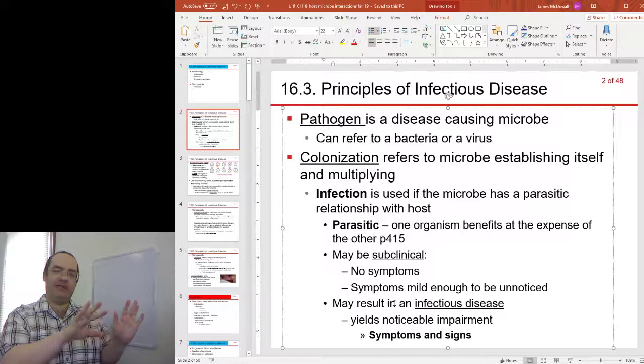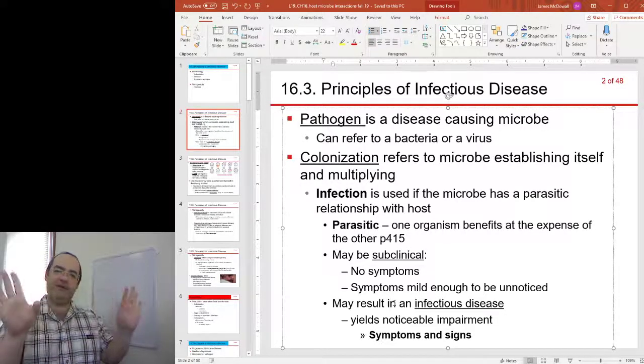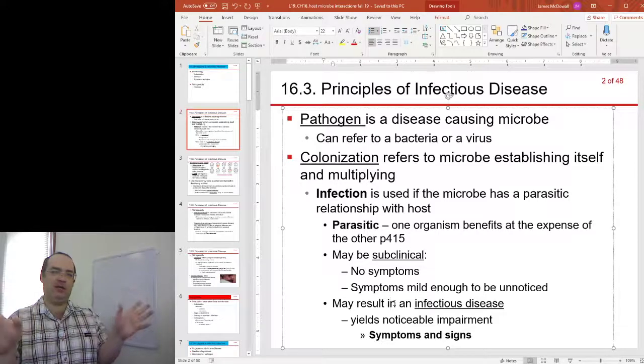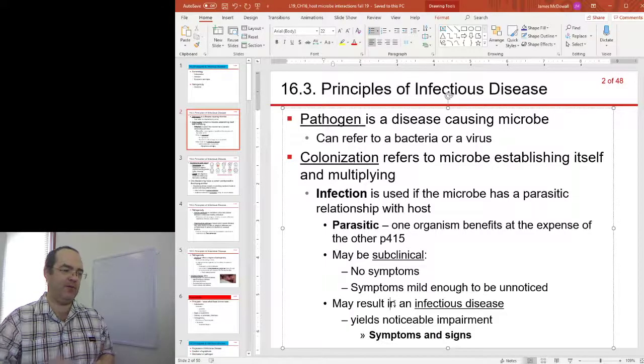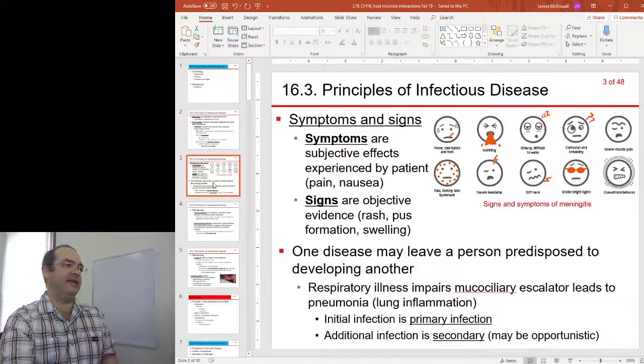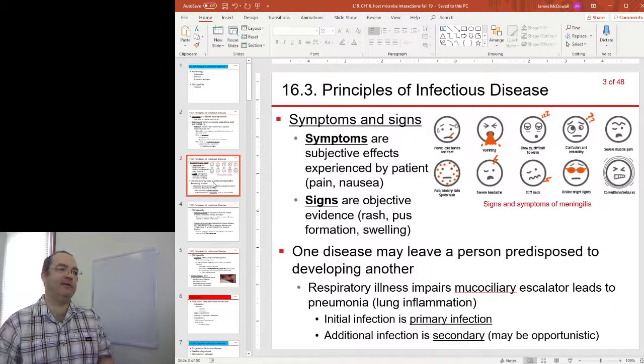So a subclinical disease, you have the pathogen, but you don't know it. An infectious disease, you have the pathogen and you have some signs or symptoms. The pathogen is affecting you in a noticeable way. That leads us into slide 3.